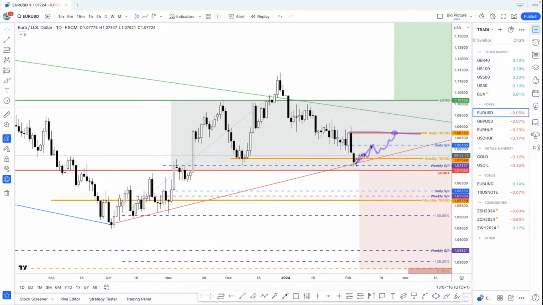If we will have waves up on the daily and the close above this area, then we can see a test of these levels here. So from here to here, it's easy also for day traders, although it's the neutral zone on the weekly.